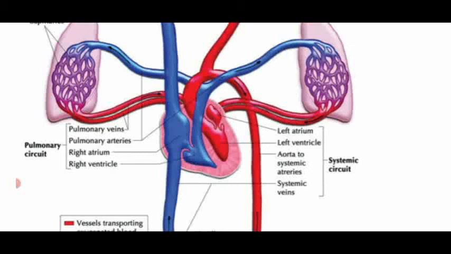Arteries, veins and capillaries are present in both lungs, left side and right side. That violet net-like structure is responsible for gaseous exchange. At the time of respiration, they take in oxygen and release carbon dioxide. The blue color transports deoxygenated blood, and the red color is the pure blood.